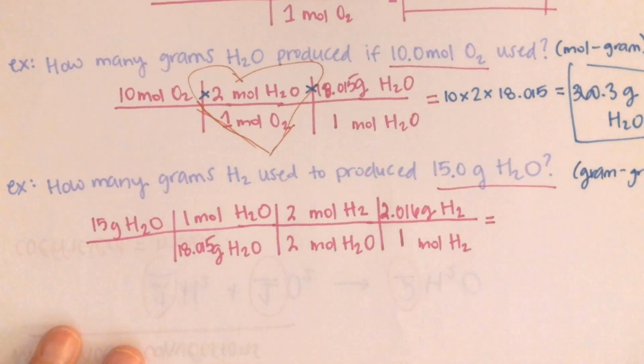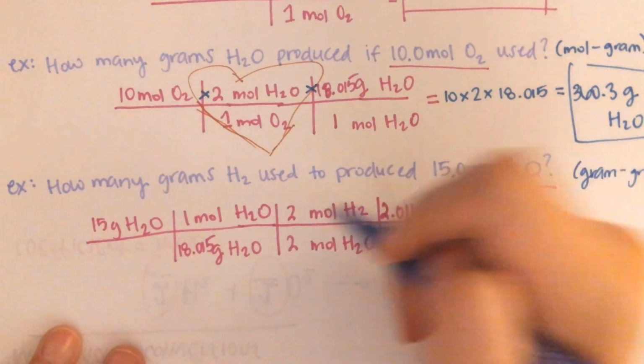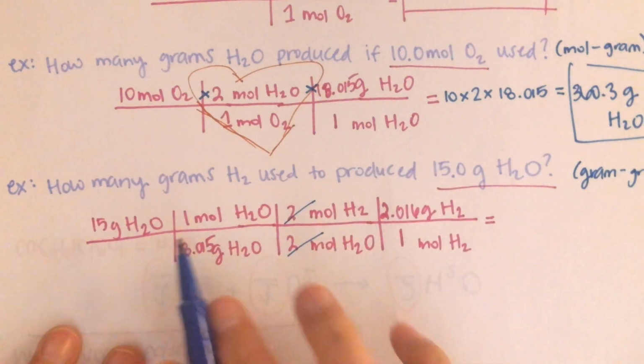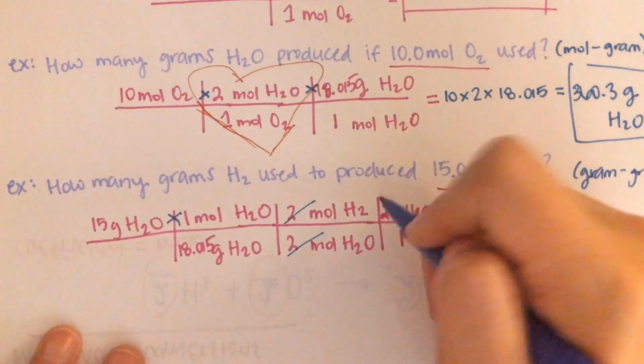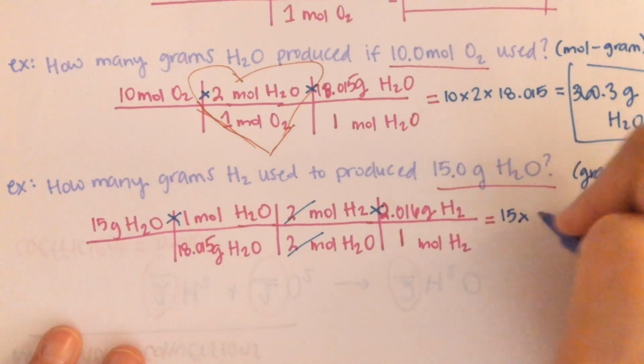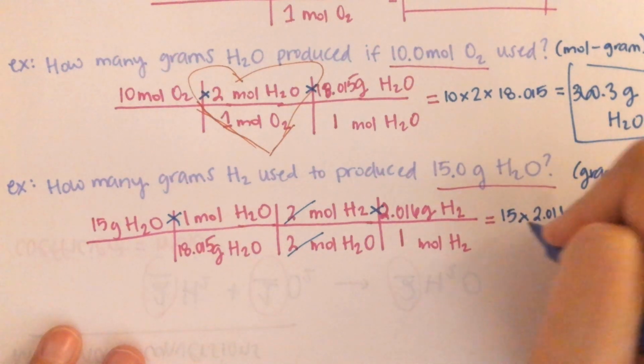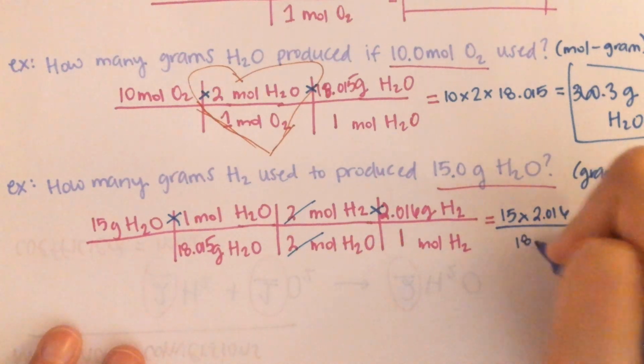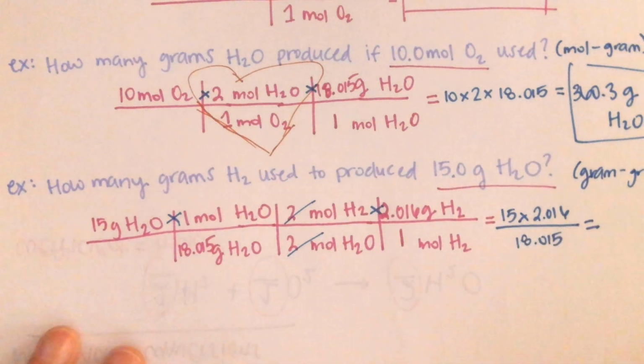So I'm just going to go ahead and cancel out the 2's since they're on the opposite side. So I'm just going to do 15 times 2.016, divided by 18.015, making the math easier.